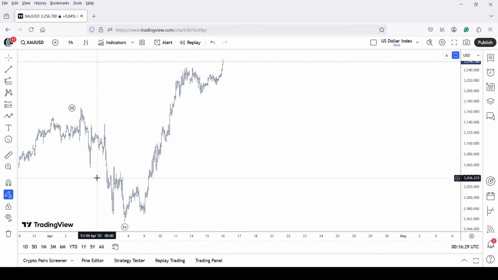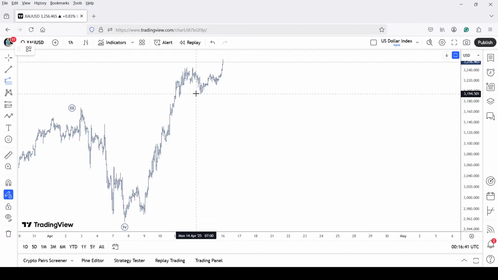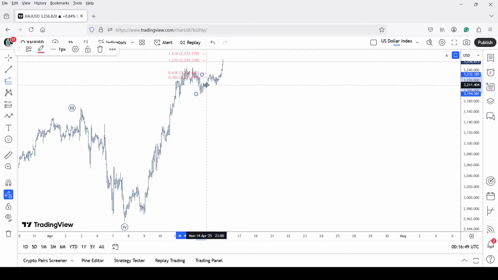On the hourly chart, it is still not completing 5 waves, so we might have to wait, and let's try and project the 5th wave, because the third wave is still projecting towards 3272, and then maybe we have a fourth wave decline.